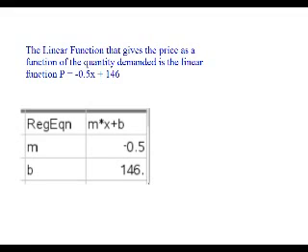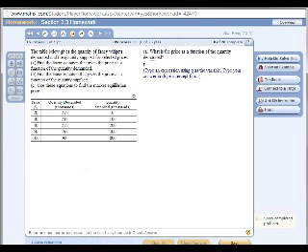So we have now our linear function giving us price as a function of the quantity demanded, and that linear function is P equals negative 0.5x, or Q for quantity, plus 146. And as we saw, the data fits this equation perfectly. It's 100% fit. So if we go to our MyMathLab screen, we can go ahead and put that in.